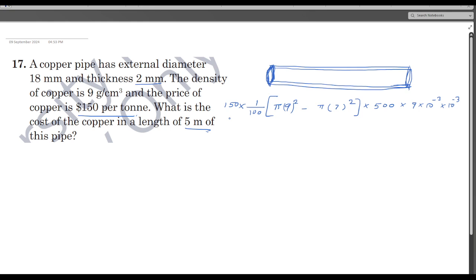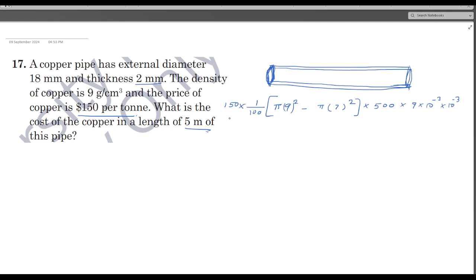So let us first calculate the bracket, which is 9 square is 81 minus 7 square is 49. This into pi, this into 500 times 9 times 150 divided by 100, and this whole into 10 power minus 6.